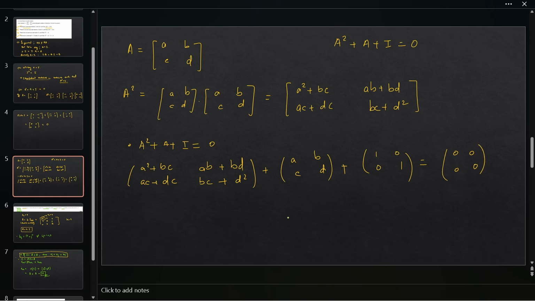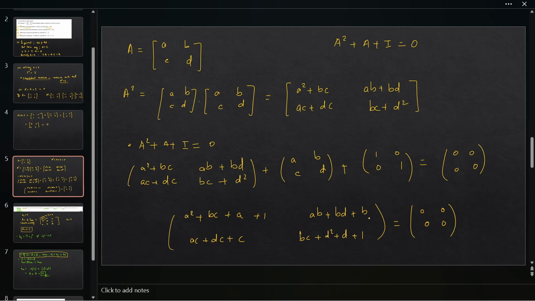So if we do this, we are getting A square plus BC plus A plus 1. Then we have AB plus BD plus B. Then we have AC plus DC plus D. And then we have BC plus D square plus D plus 1, and all of it equal to 0.